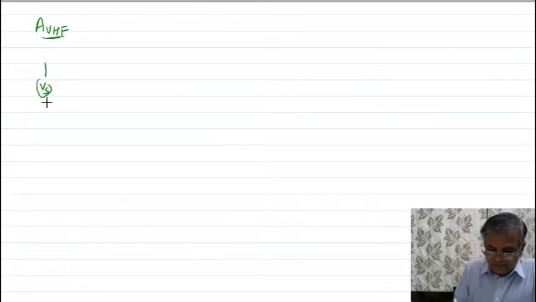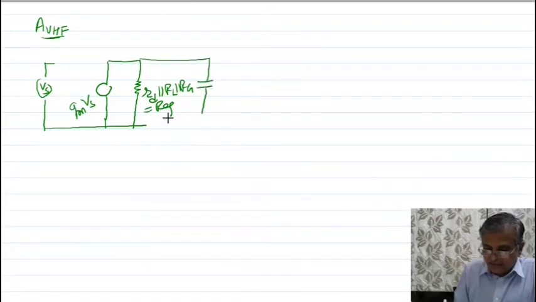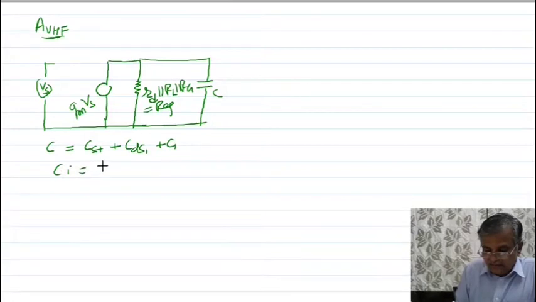This is the input signal. This FET behaves as a current source, that is GM into Vs, and all this in parallel, RD parallel RL parallel RG, I am writing R equivalent, and here is one capacitance C. Already you know that C is C stray plus CDS1 plus CI, and CI is nothing but CGS2 plus 1 minus AV into CGD2.